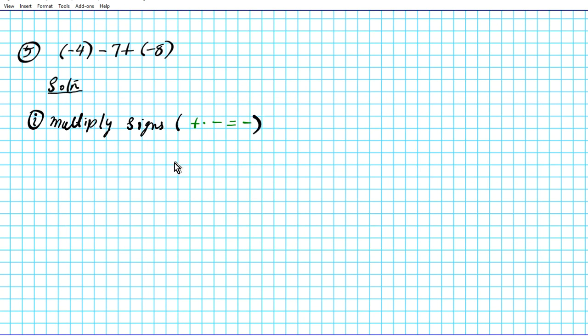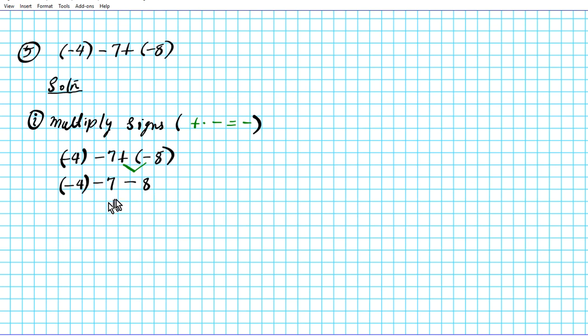Okay? Alright, so negative 4 minus 7 plus negative 8. We're going to just multiply these two signs. Bring down the other numbers. You have negative 4 minus 7, and then plus times minus is minus 8.